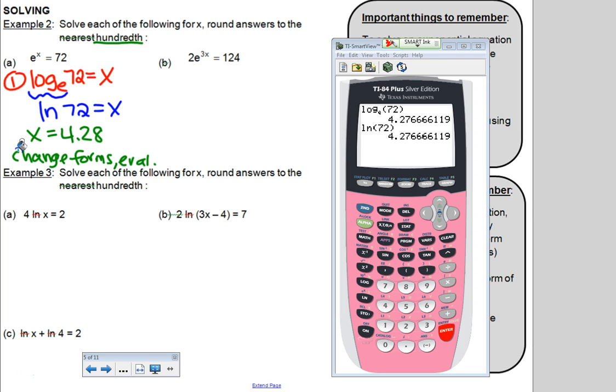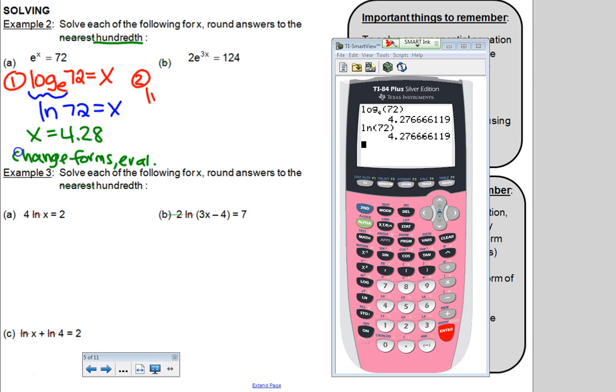Okay, the other method, and I apologize, I'm going to run into this space. The other method that we can do, option 2, is we can take the log of, or the ln of, both sides. When we did logs, we could take the log of both sides, but the opposite of e is to take the ln of both sides. So this is what this would look like.